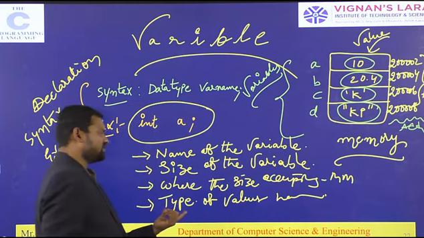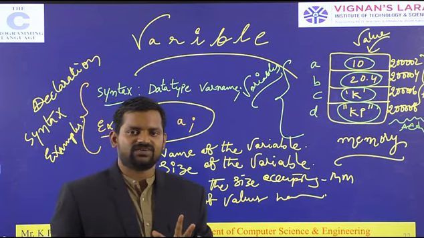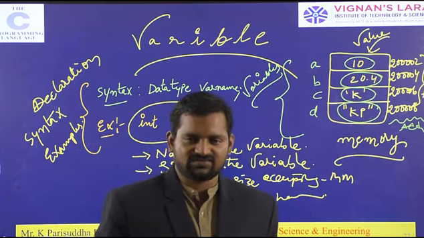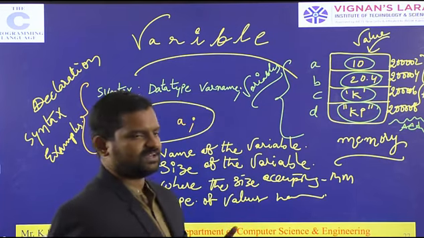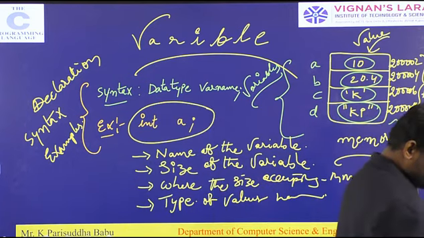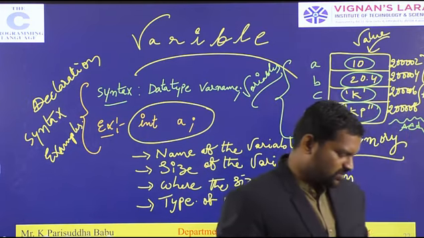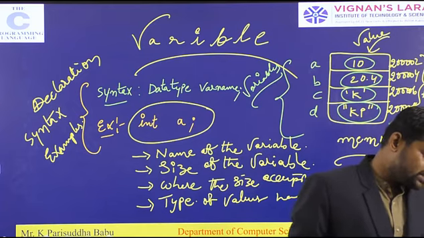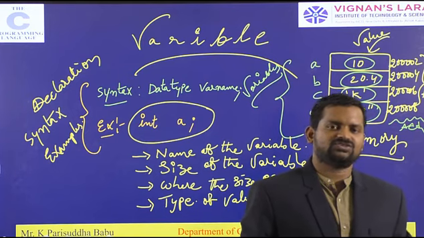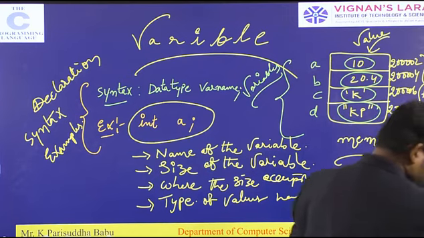A can hold only integer values, which do not have decimal points, like 20, 30, 40, 50, 60, 70, 80. Likewise, the data has to be stored in the memory.